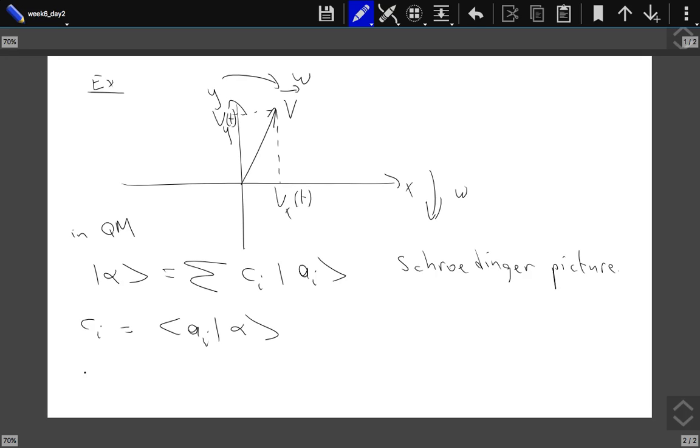So Ci of t, in the Schrödinger picture still, those coefficients will be time dependent.